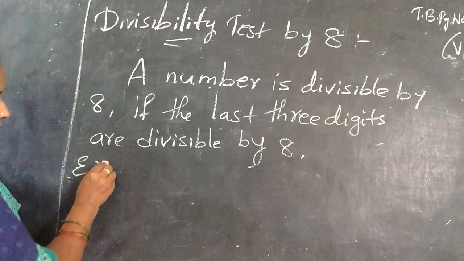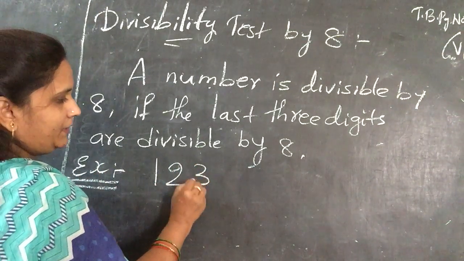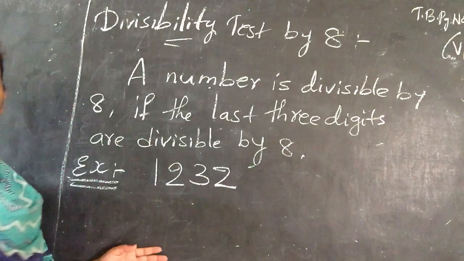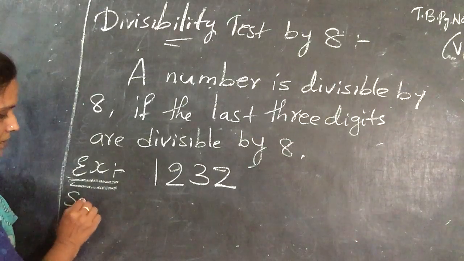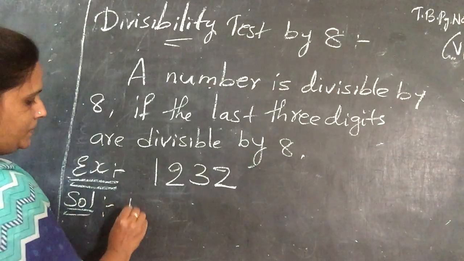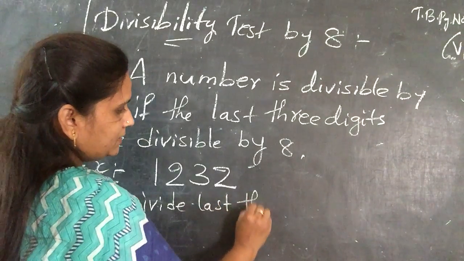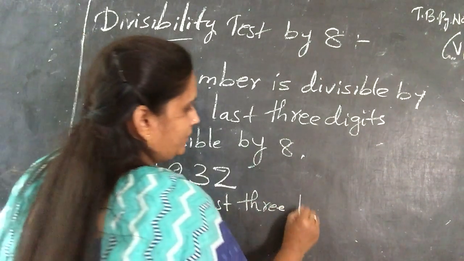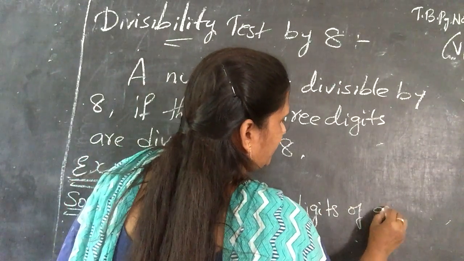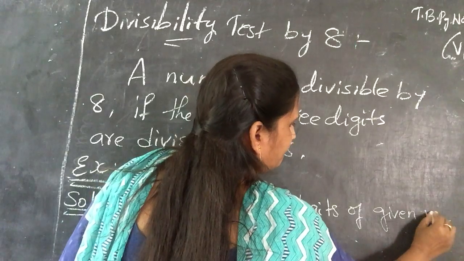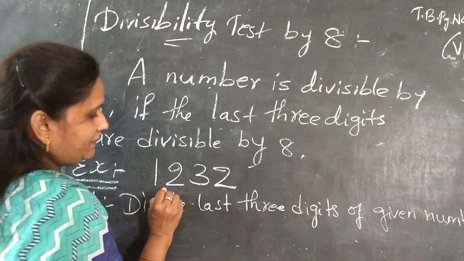Example: write down 1232, the same number I have explained as an example. Now write the solution. Divide the last three digits of the given number.